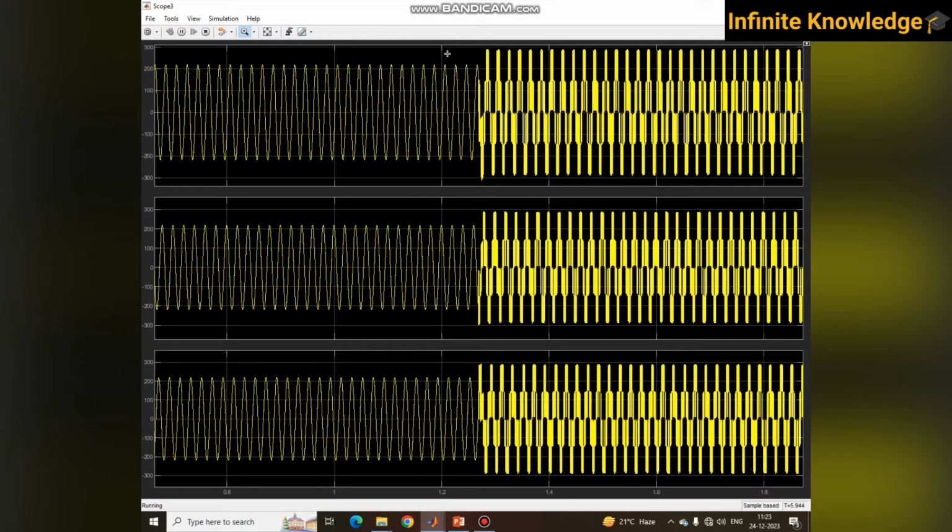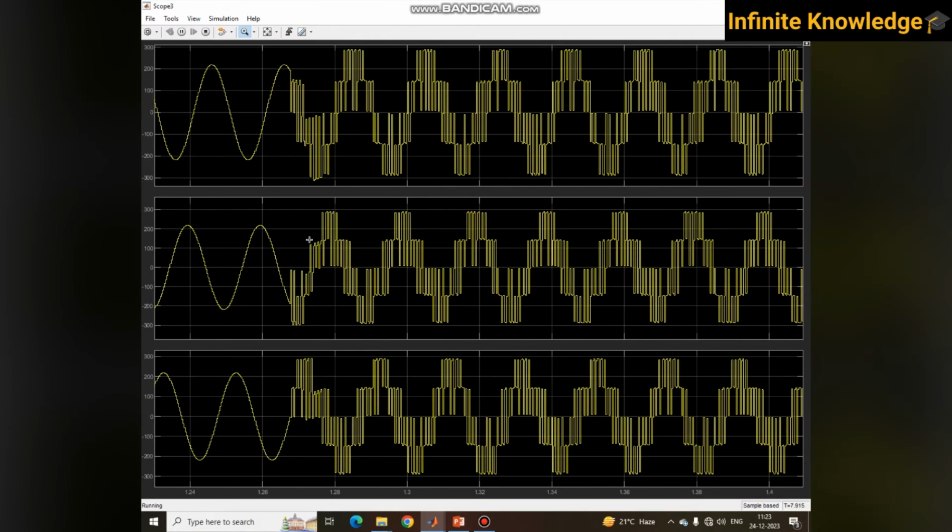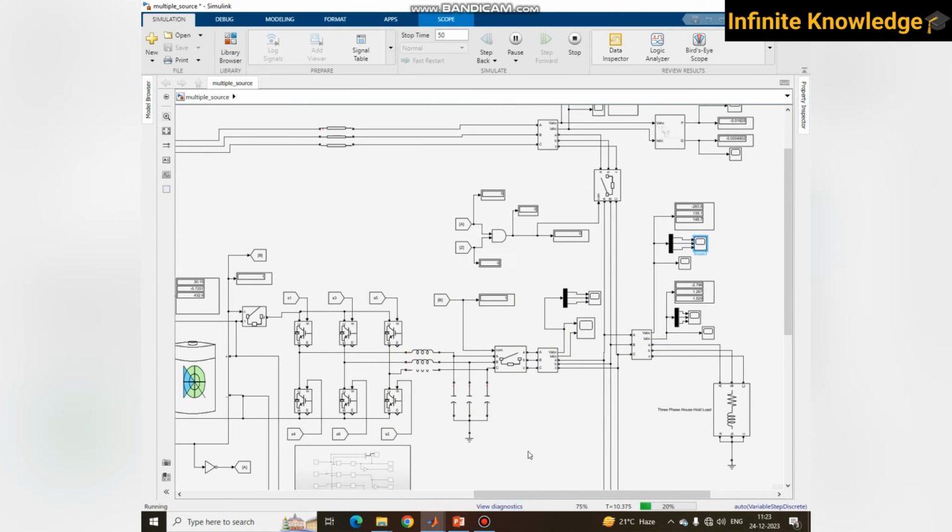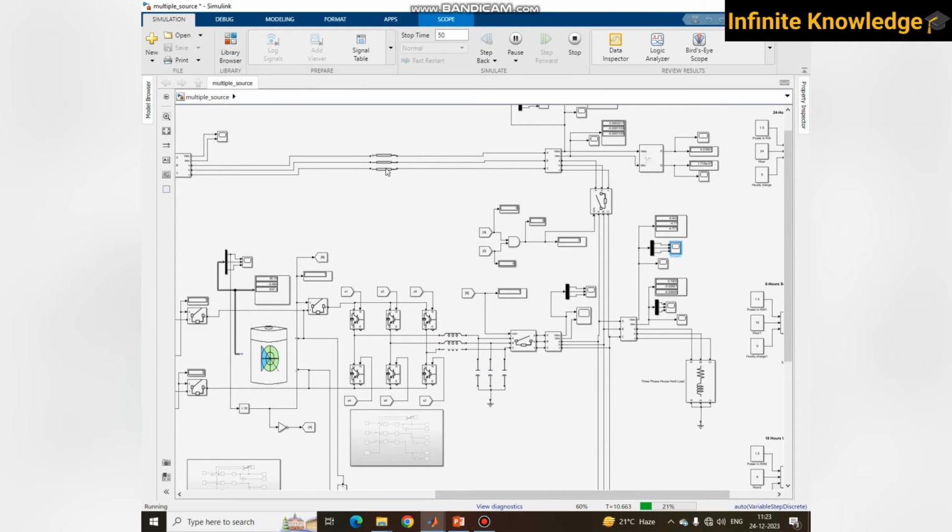You can clearly note that you changed from grid to solar, and there is no major spike, just a small spike. This waveform is from PWM techniques, which is why we get this type of waveform, but if you average it, you get nearly a sine wave. So this is how you get the changeover from grid to solar.